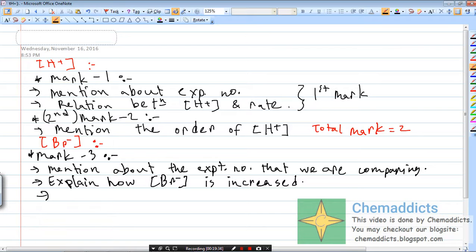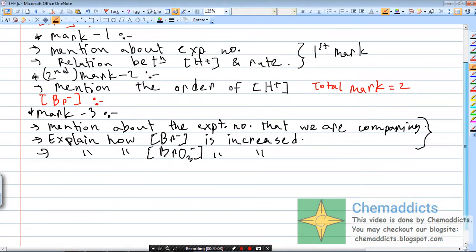And now we should also explain how bromate, BrO3 minus, is increased. Bromate 5 is increased. Okay, these are the whole points for mark 3. If we cover these 3 points, then we are going to secure mark 3. Okay, third mark. We're going to get the third mark.